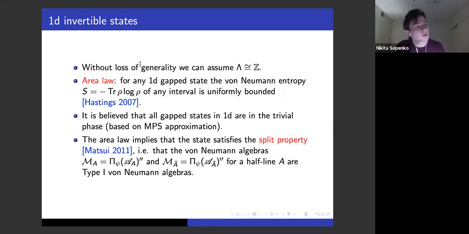This basically means that our GNS Hilbert space associated with a state can be represented as a tensor product of Hilbert spaces associated with the left and the right half-line, and these von Neumann algebras are just algebras of bounded operators on these Hilbert spaces.